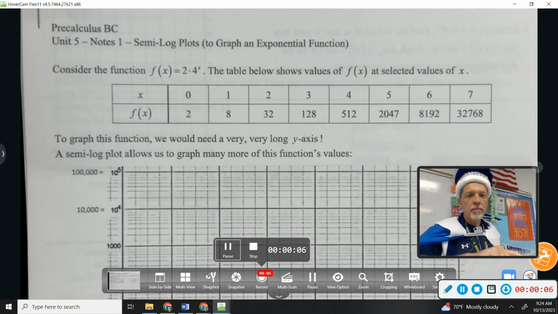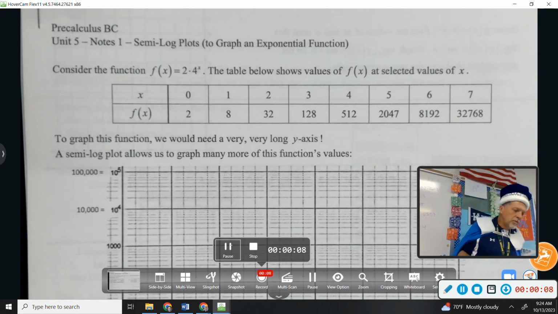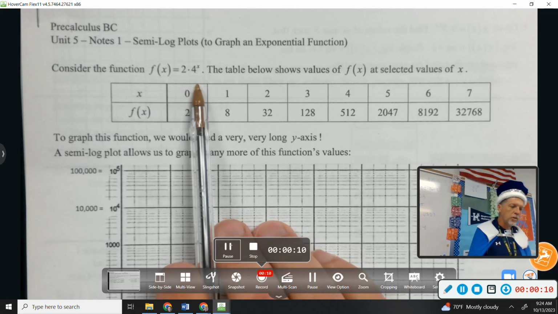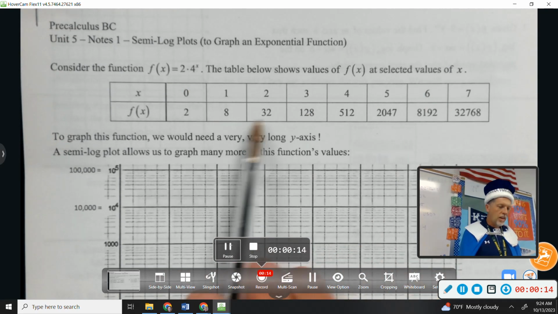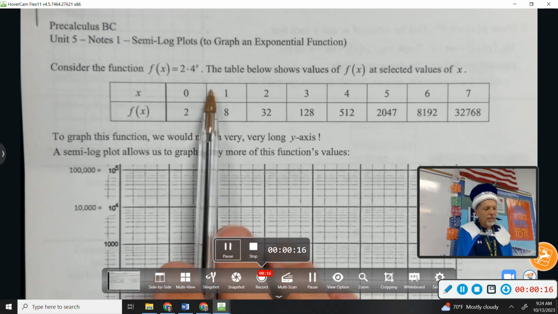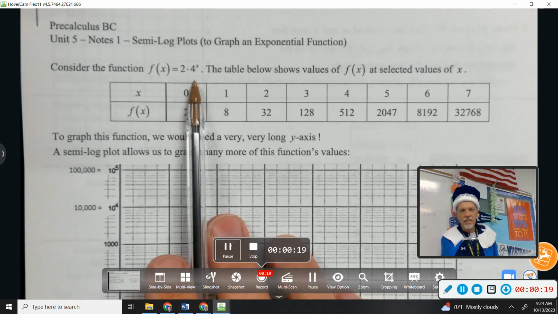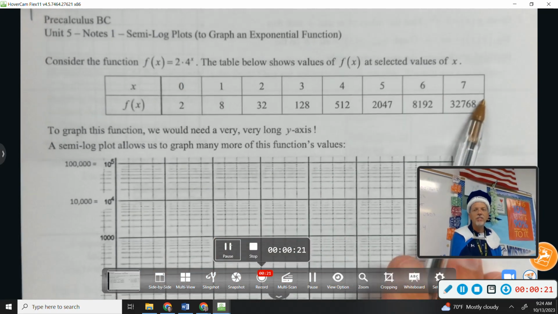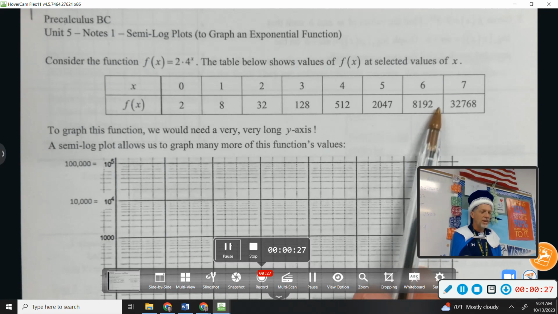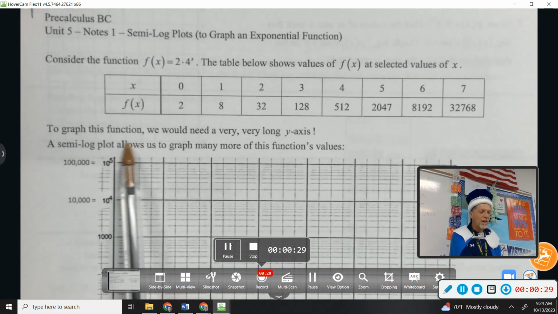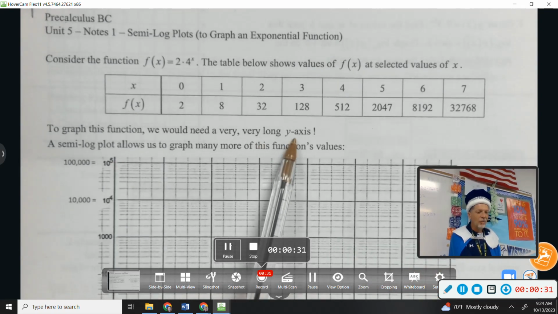So we're taking, all right, consider this function, 2 times 4 to the x. The table below shows some selected values of x. 4 to the x gets really big really fast, right? At x equals 7, we're all the way at 32,768. So graphing this would be problematic, or you'd need a really long y-axis.